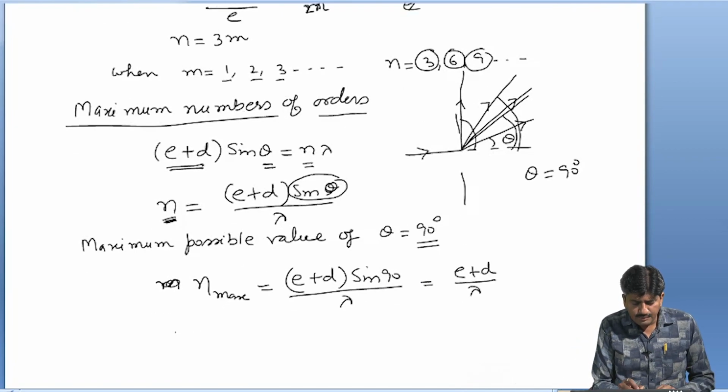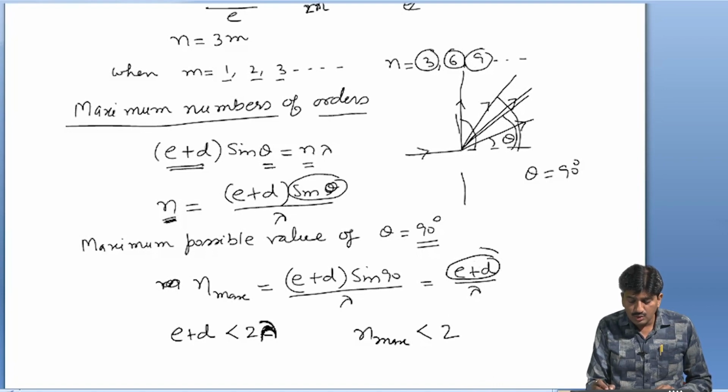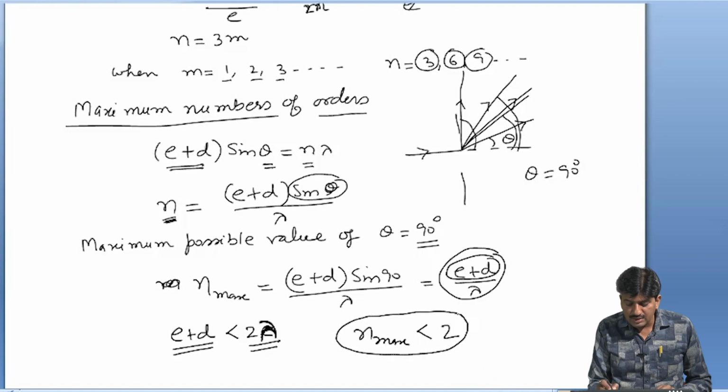And if the grating element is less than 2 lambda, then the maximum number of orders is less than 2 lambda upon lambda, which means less than 2. It means if the value of the grating element is less than 2 lambda, then the maximum number of orders becomes less than 2.